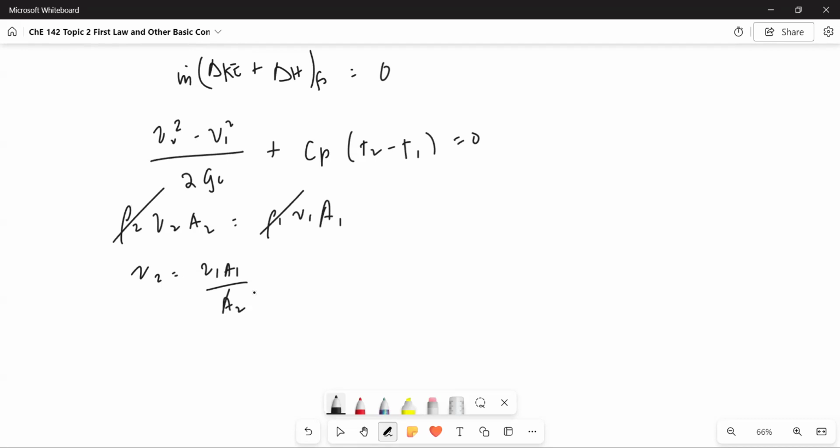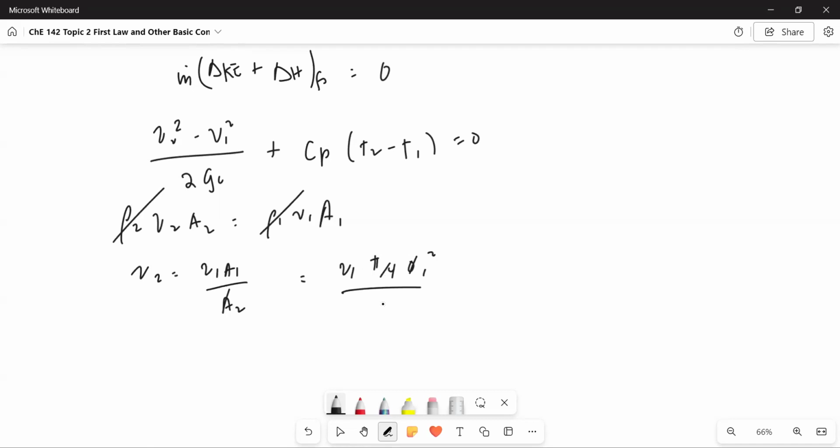Next we can solve now for V2 by further expanding this one, the long way. Area of a pipe is pi over 4 d squared, right?